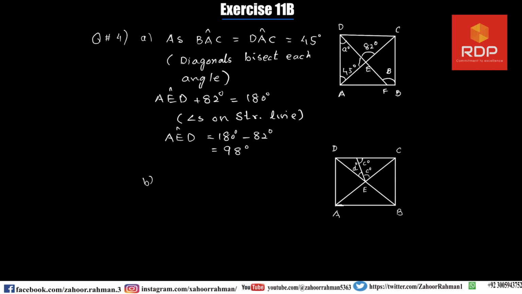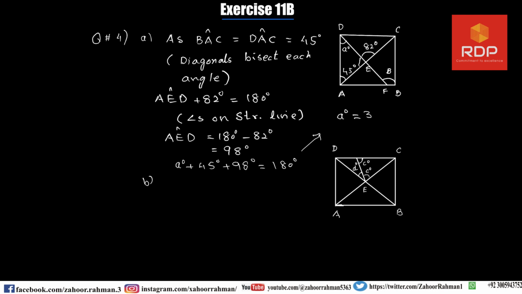Now the next one is that we have to find that A degree plus 45 degree plus 98 degree is equal to 180 degree. I am going on that side because the space beneath is reserved for another question. So when we calculate all these things on the calculator, we will get 37.